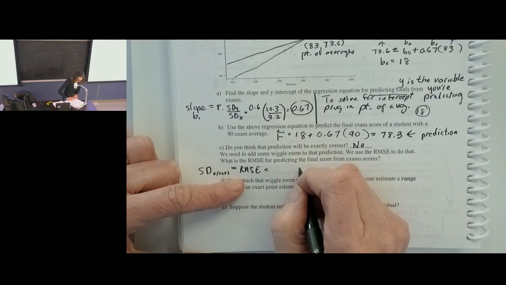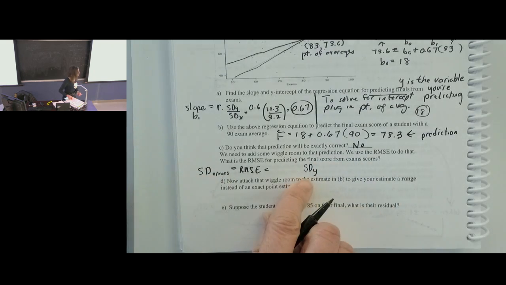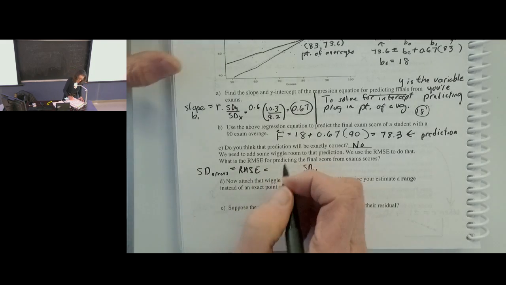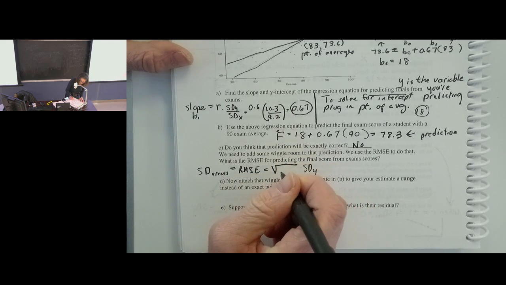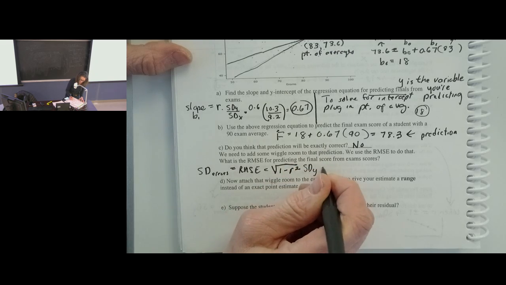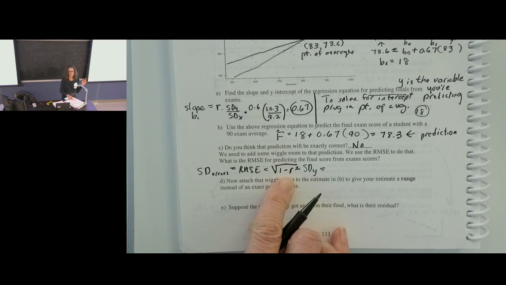So to remember it, you're going to have the standard deviation of the y, but it's going to be reduced by some fraction here. And that fraction is the square root of 1 minus r squared. That's what it is. Okay? That number is always going to be between 0 and 1.